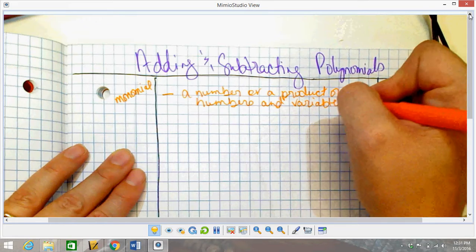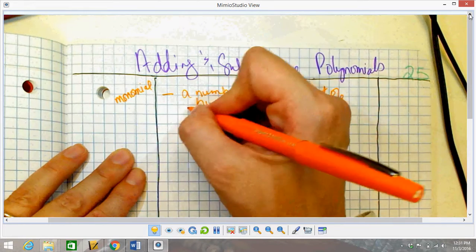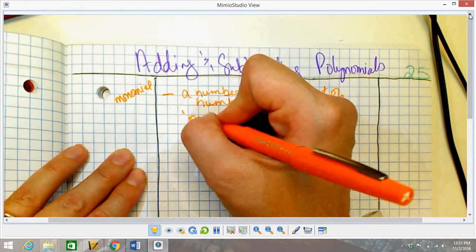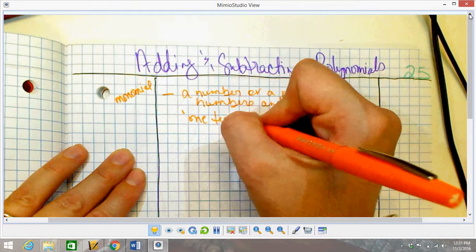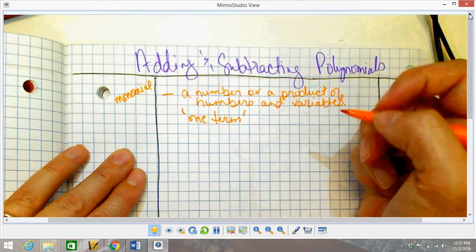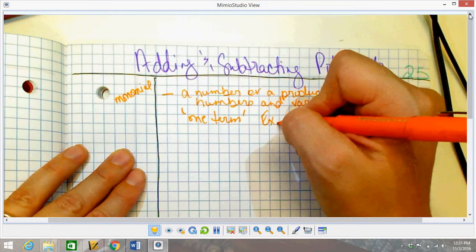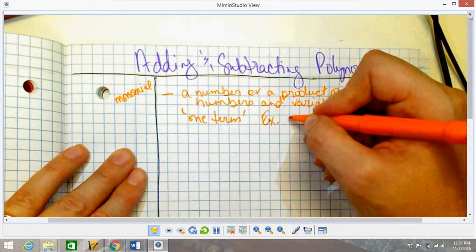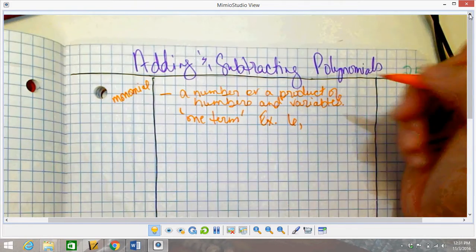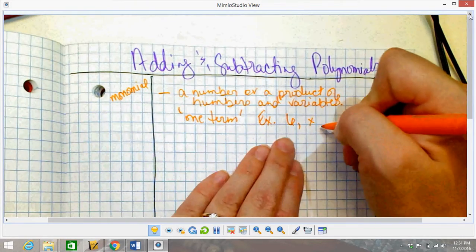So you could think of this as meaning one term. And a couple of examples would be a number like 6, or a variable like x.